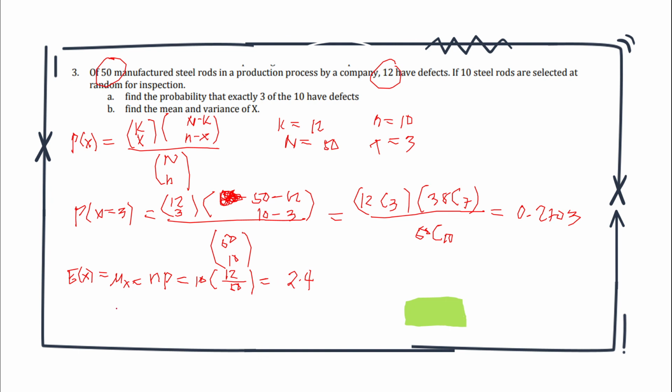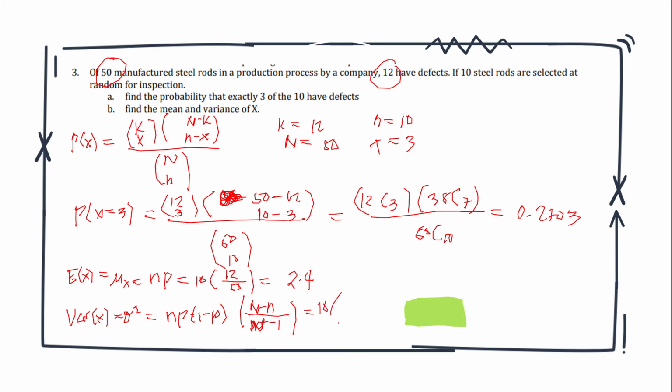How to get the variance? The variance, Var x, is n times p times 1 minus p, then N minus n over N minus 1. What is our n?